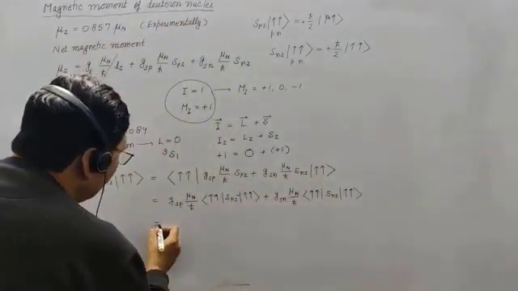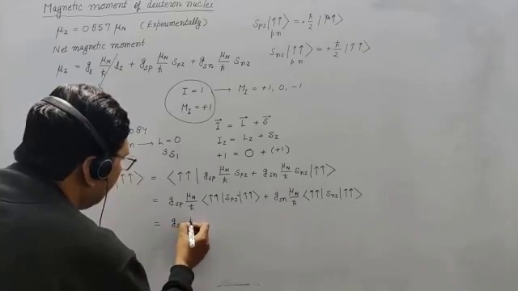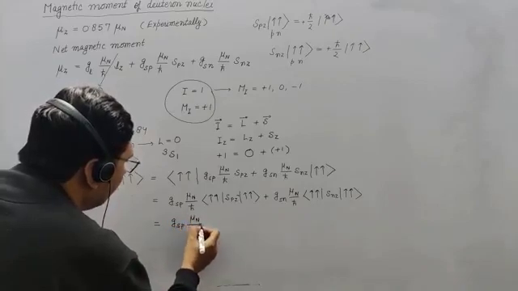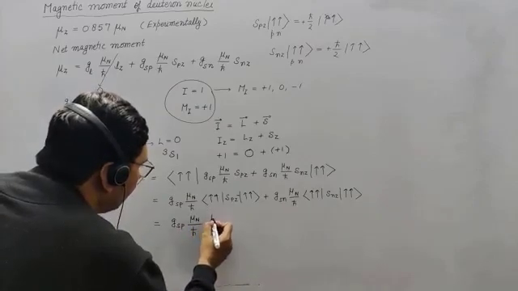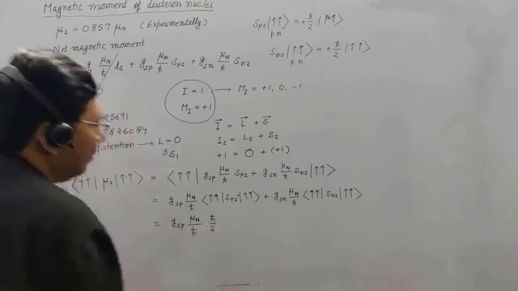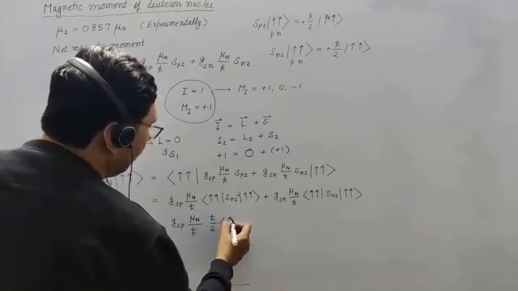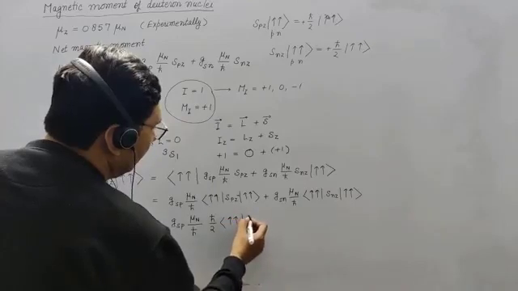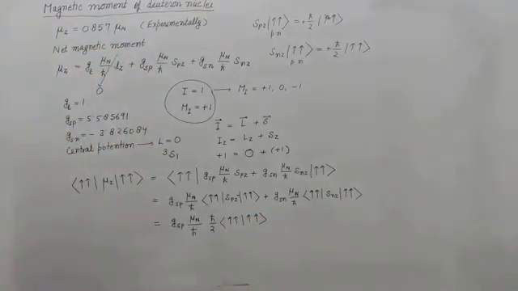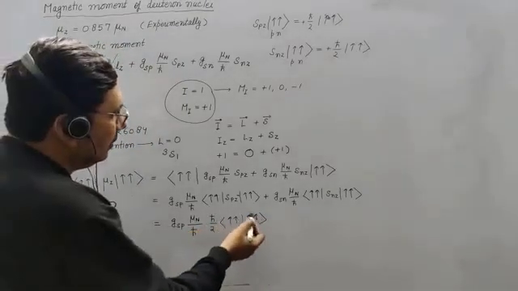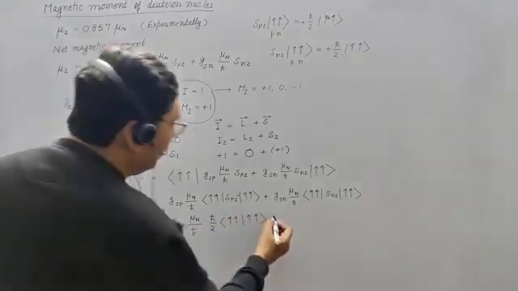Now what you are going to get here is GSP mu n upon h cross, and here we are going to get h cross by 2, and here this is a bracket vector. Its value will be 1. So if these eigenfunctions are normalized, then the value of this will be equal to 1.